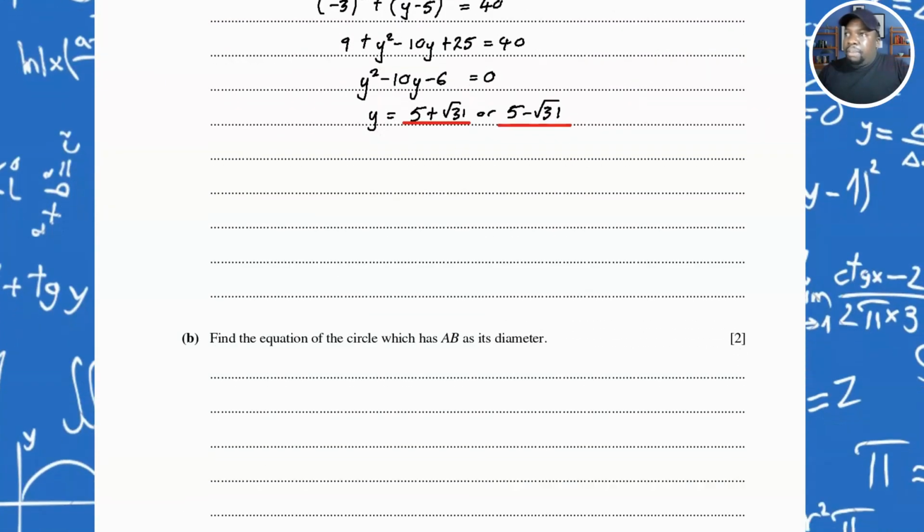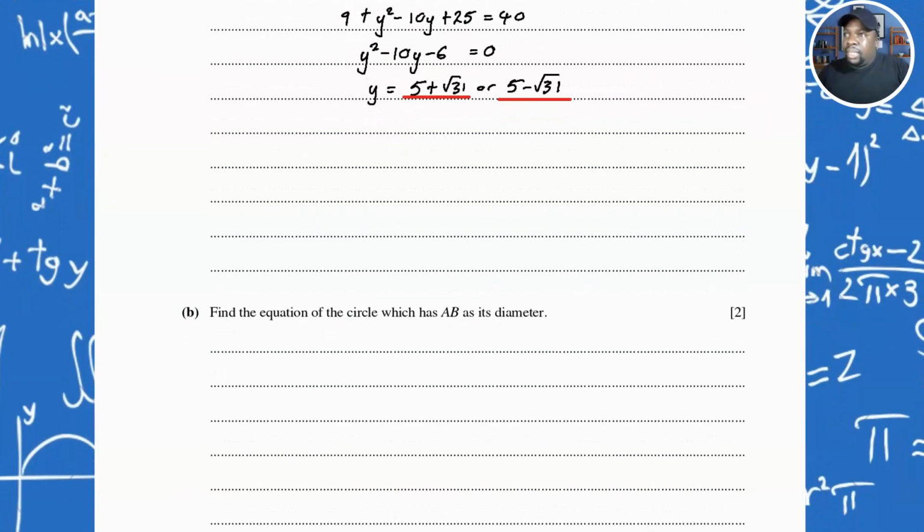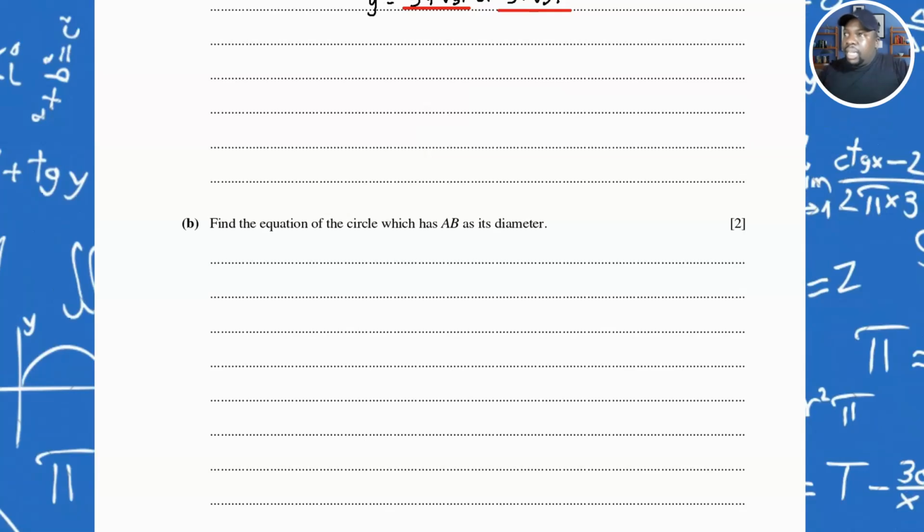If AB is a diameter, it means that the midpoint of AB should be the center of the circle. So to find the center of the circle, it has to be equal to the midpoint of the diameter, right?